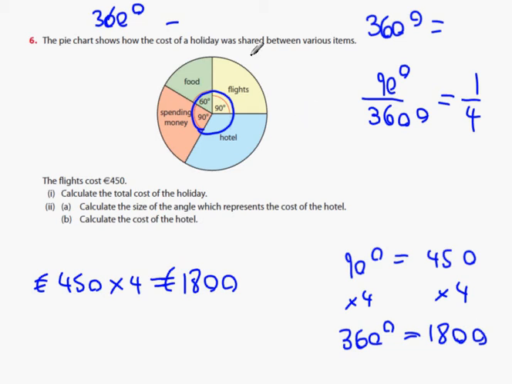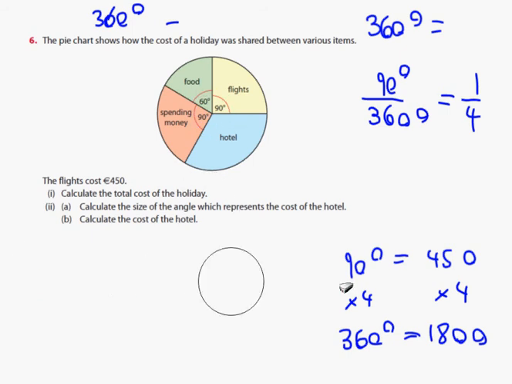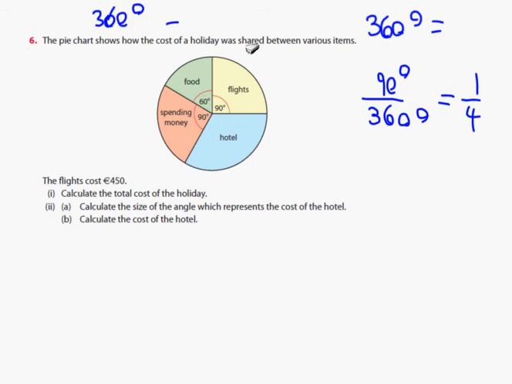Okay? Another way of looking at it would be this. We know that the flights cost €450, right? That means that the spending money is also €450 because that's 90 degrees as well. 60 degrees is what size of 90 degrees? 60 degrees is 2/3 of 90.